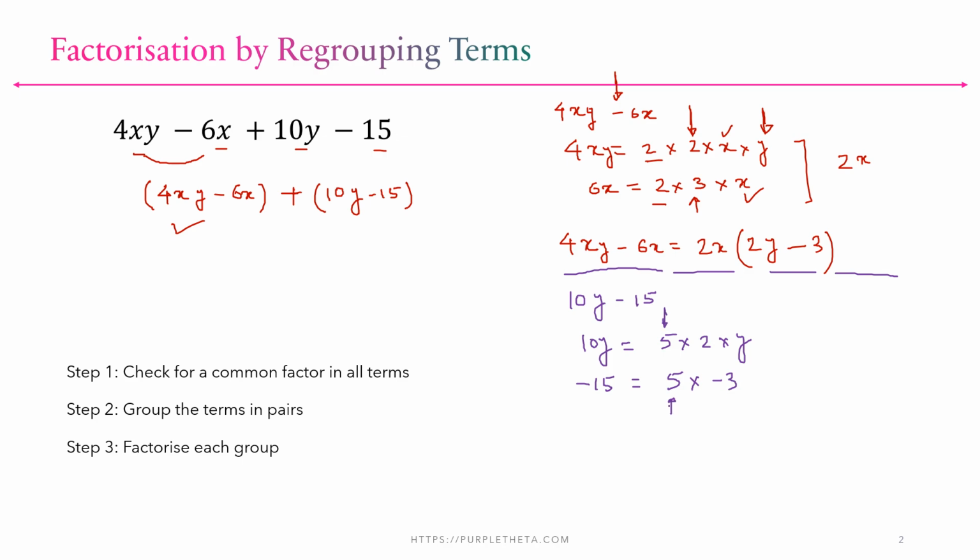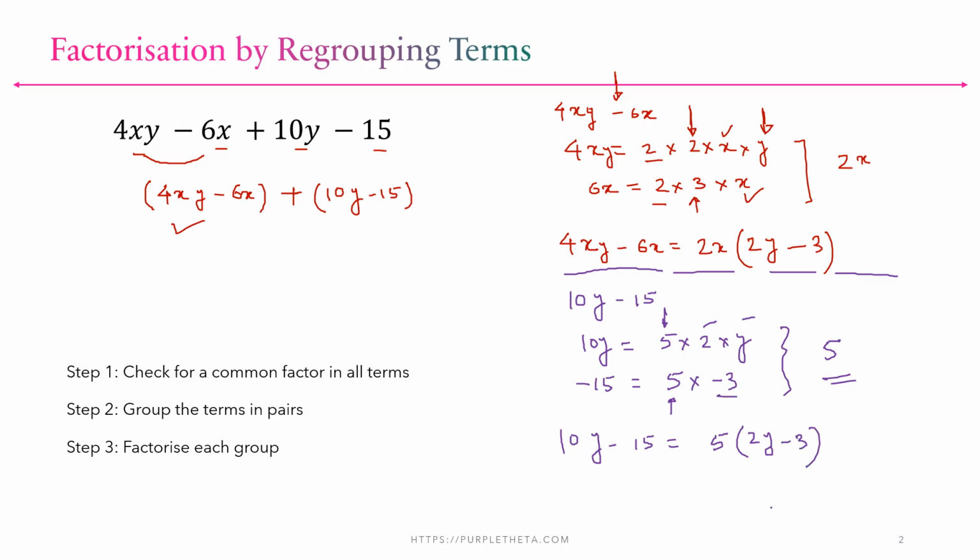You see 5 is present in both the terms, so the common factor is 5 only. So we take 5 out, and 10y minus 15 is equal to 5 times, in the first term we have 2y, and in the second term we have minus 3.